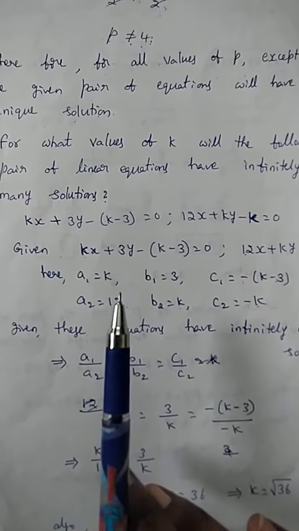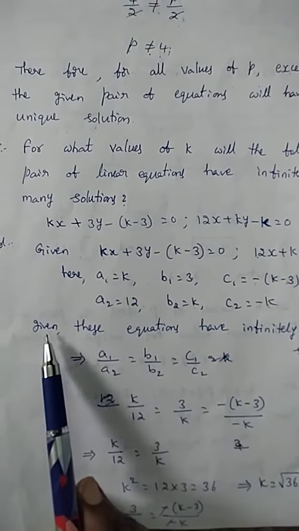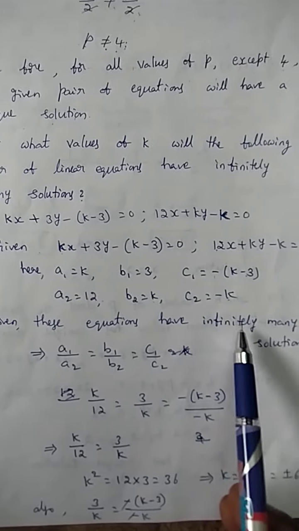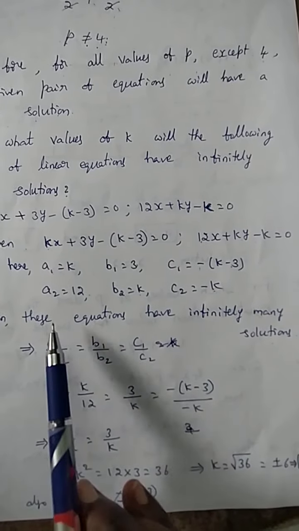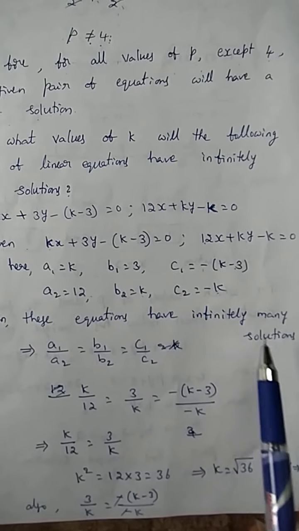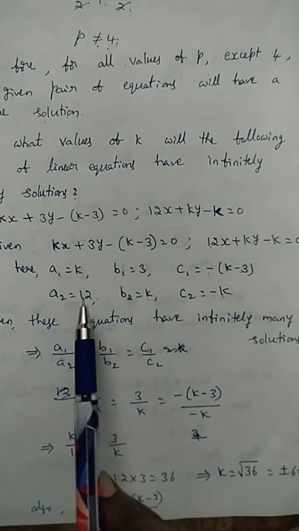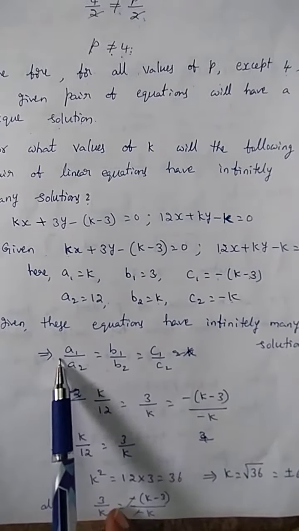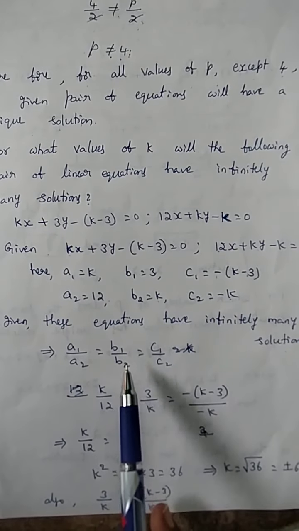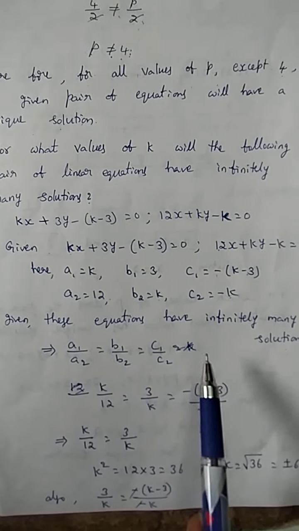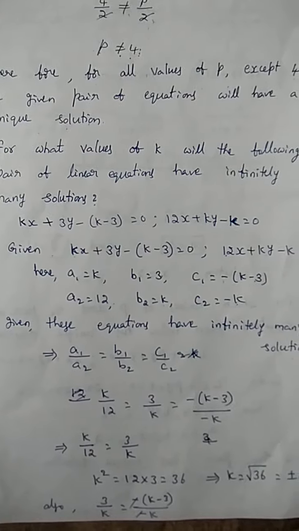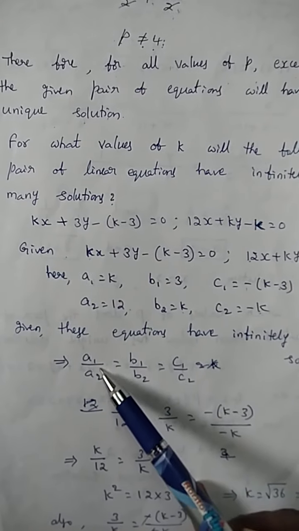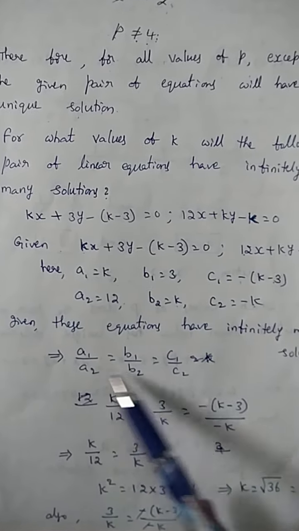So the condition is mentioned in the question: given these equations have infinitely many solutions, that implies a1 by a2 is equal to b1 by b2 is equal to c1 by c2. Substitute those values in this condition.